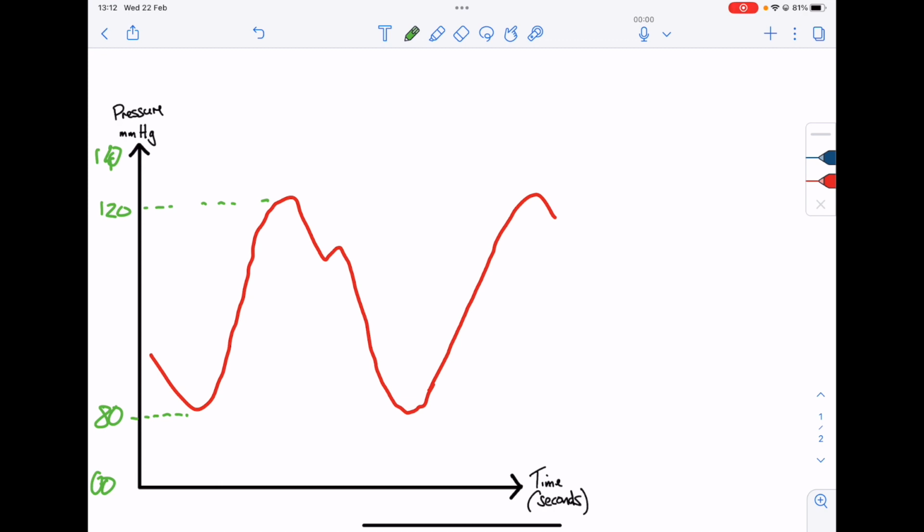Beyond this, there are a few other things to label, i.e. where does systole begin, where does diastole begin, etc. So your systole occurs down here, naturally. Your diastole occurs at the cessation of the first downward inflection.